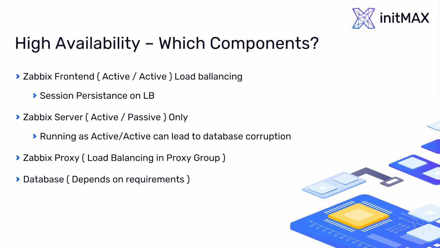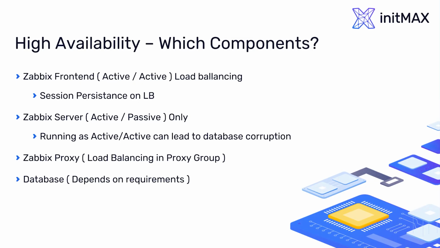Zabbix frontend easily supports an active-active setup, meaning that you can have multiple Apache or Nginx setups on different servers pointing to the same database. The only thing you need to consider is that you need to have a load balancer.